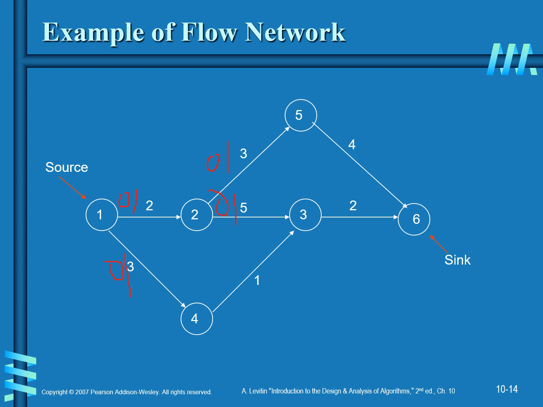So what is this? 0 indicates here the current flow, this is Xij, whereas the 2 indicates capacity, which is nothing but the Uij.